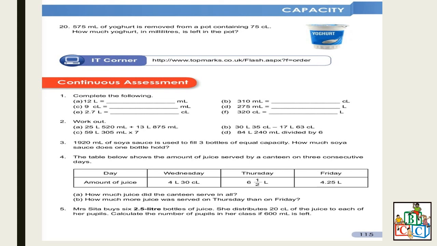Exercise 5. Mrs. Sita buys 6 2.5-liter bottles of juice. She distributes 20 centiliters of the juice to each of her pupils. Calculate the number of pupils in her classroom if 600 ml is left. Now let us see in detail questions number 4 and 5.